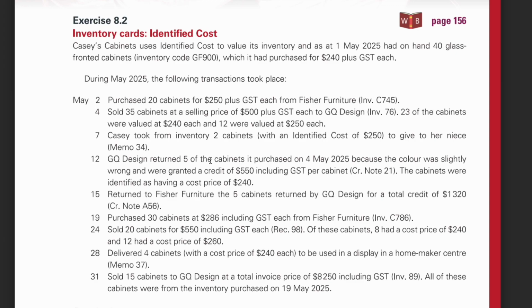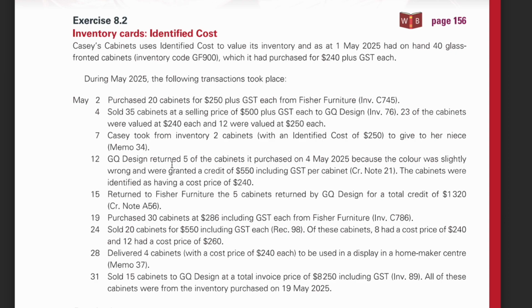So remember, as we talked about in the content slides, memos are used for recording inventory gains and losses, whereas credit notes are used to record sales returns and purchase returns. So in this case, GQ Design returned 5 of the cabinets purchased on 4th May.